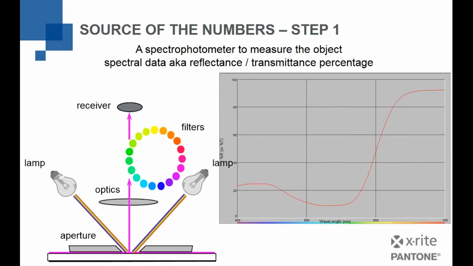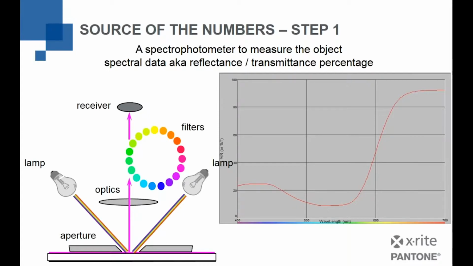So we've measured every 10 nanometers from 400 to 700 nanometers, and we can plot a reflectance curve. So now I've got some numbers that represent that color, but there's 31 numbers that are percent reflectance that really don't relate a whole lot to what I see. So I've got to do something more with those numbers.